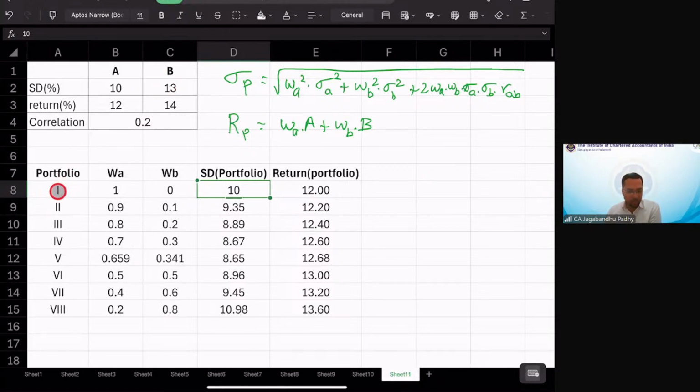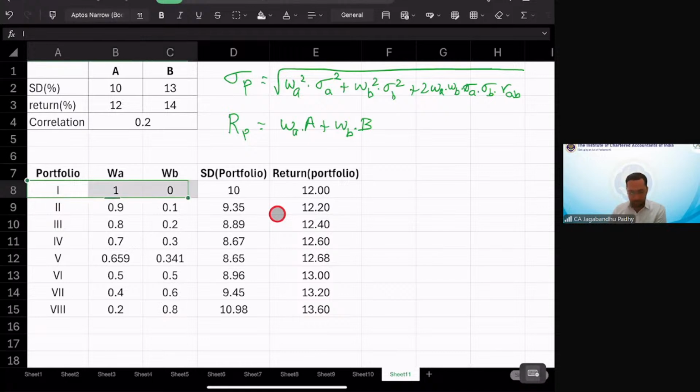So initially, when we were in portfolio 1, can I say we were invested in a less risk security?